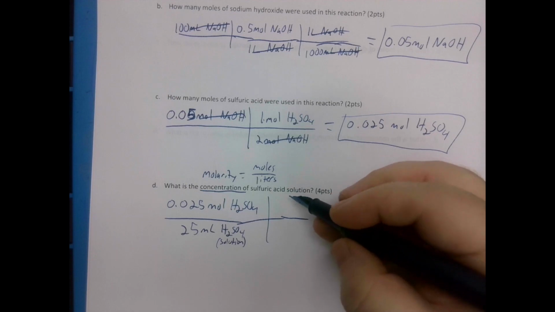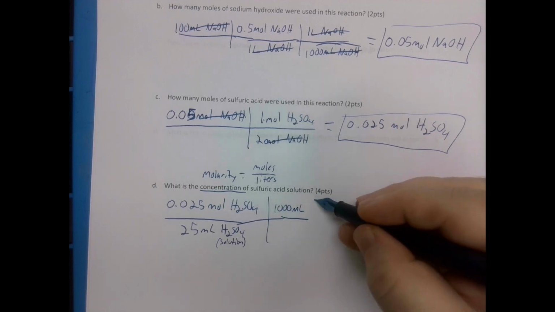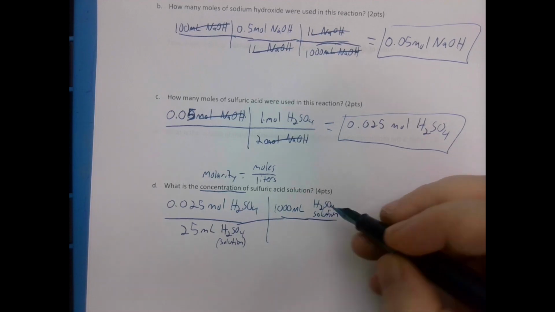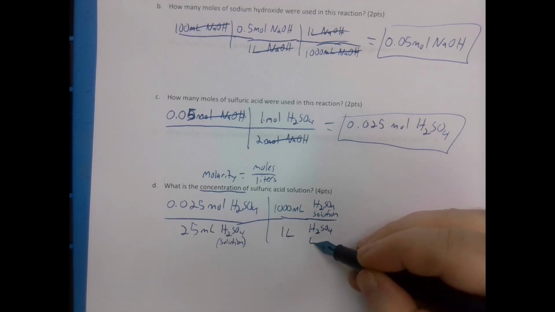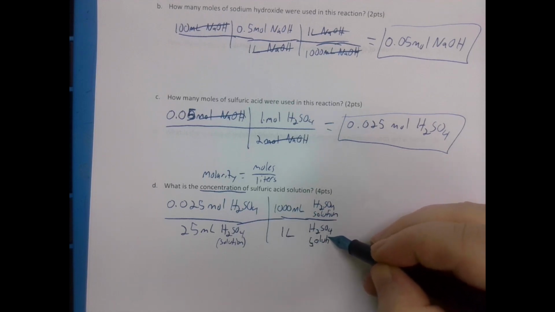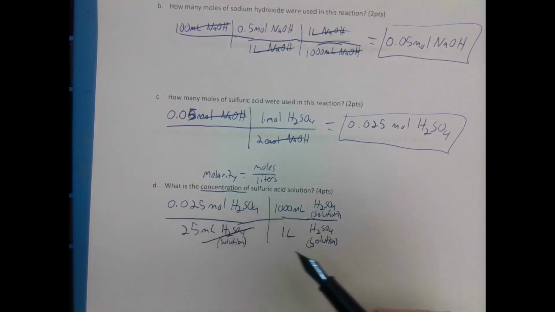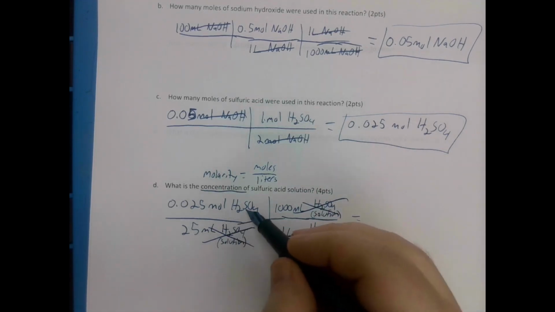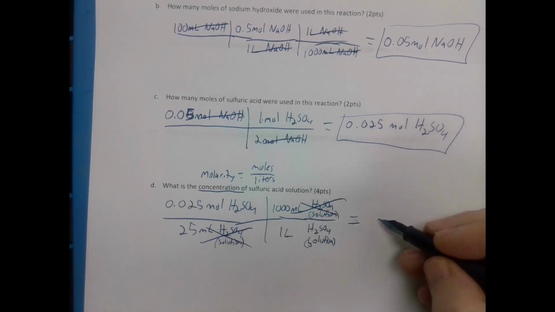And I know that 1,000 milliliter H2SO4 solution is equal to 1 liter of H2SO4 solution. And milliliters of H2SO4 solution cancel each other out, leaving us with moles of acid per liters of solution.